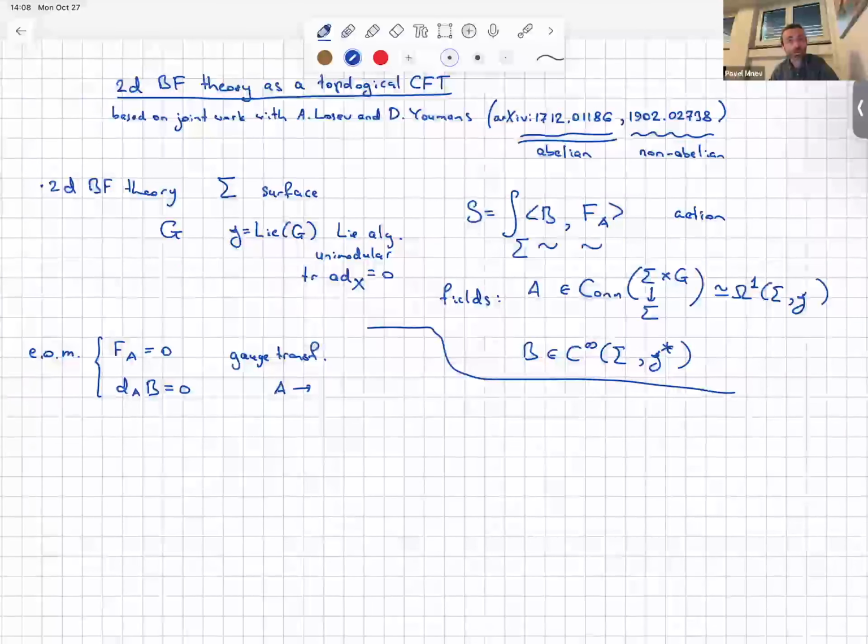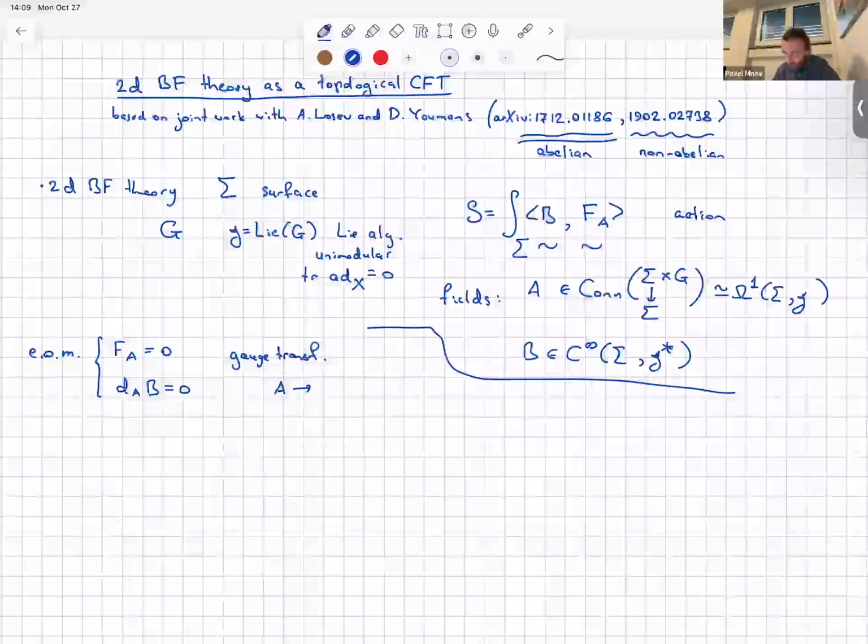We will spend a lot of today talking about sigma being the complex plane. So I really don't want to insist on compactness. Now the gauge transformations are the usual action of fiber-wise rotations of the principal bundle.